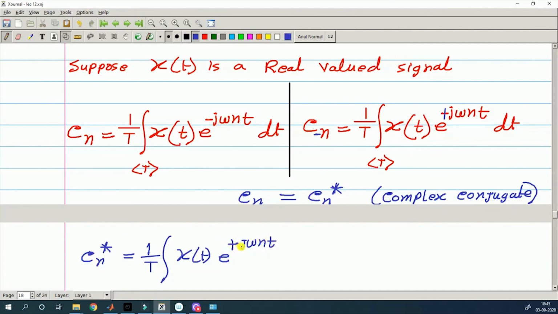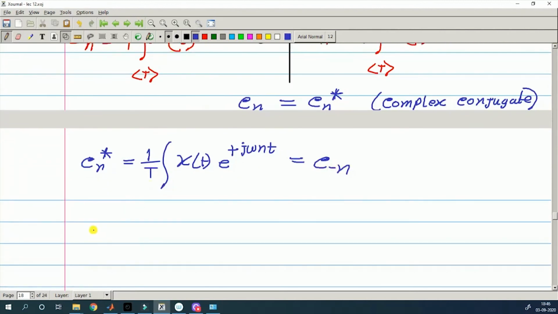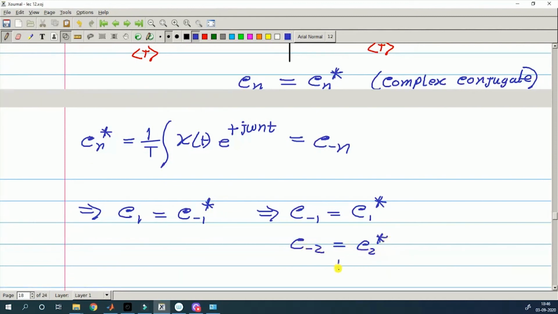We need to put a minus sign wherever we have this j, and you see this is the same as this, C minus n. So this means C1 is equal to C minus 1 star, which also means C minus 1 is C1 star, then in the same way C minus 2 is C2 star, and so on.